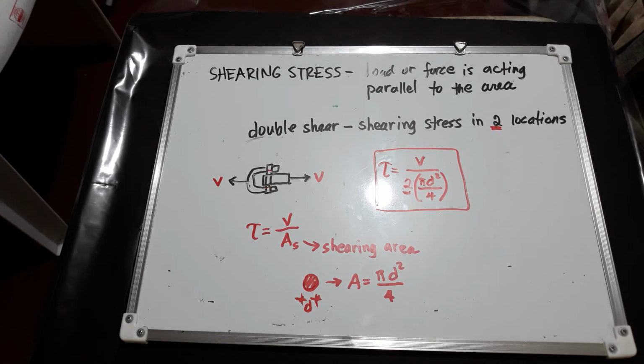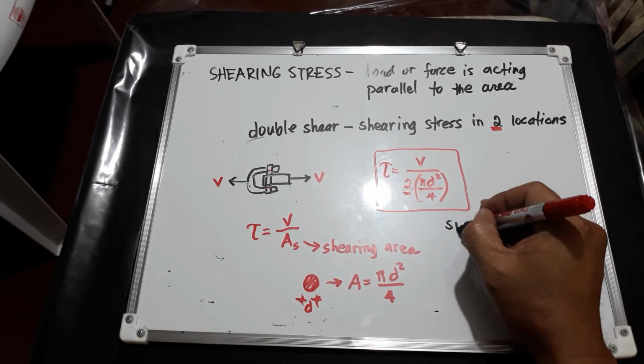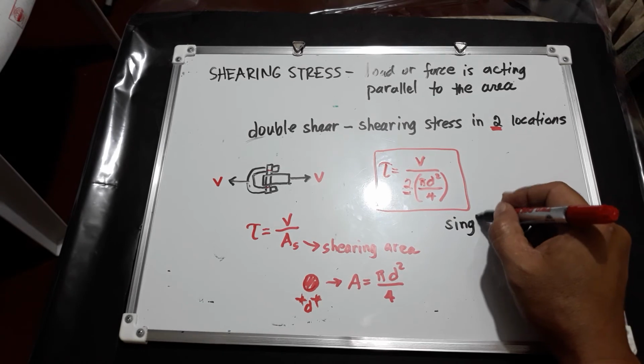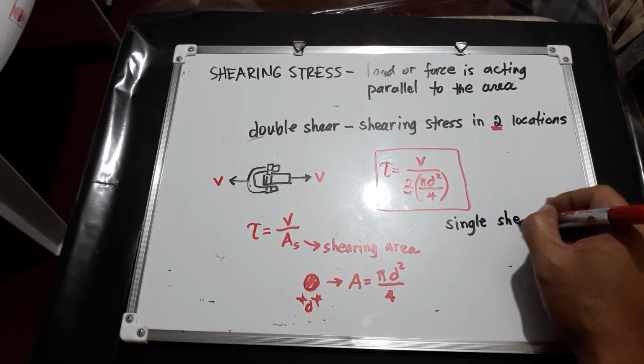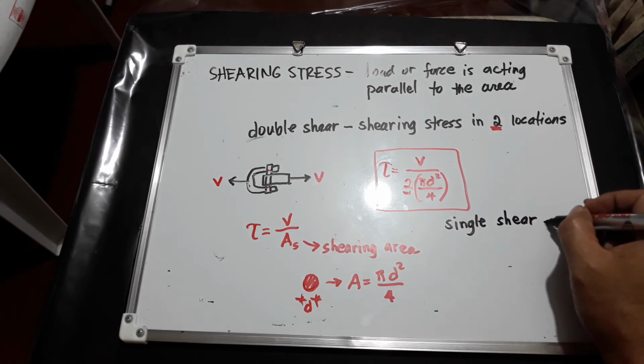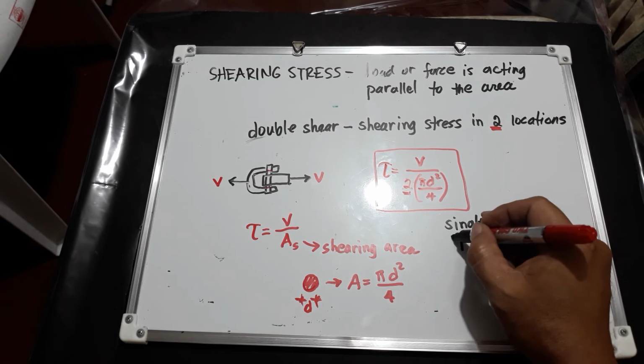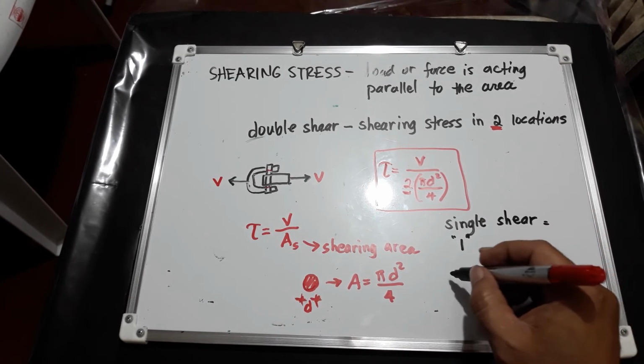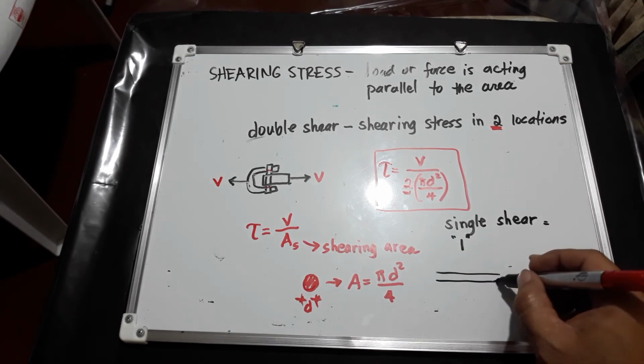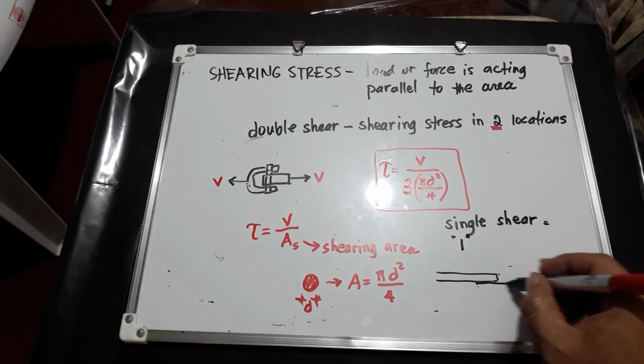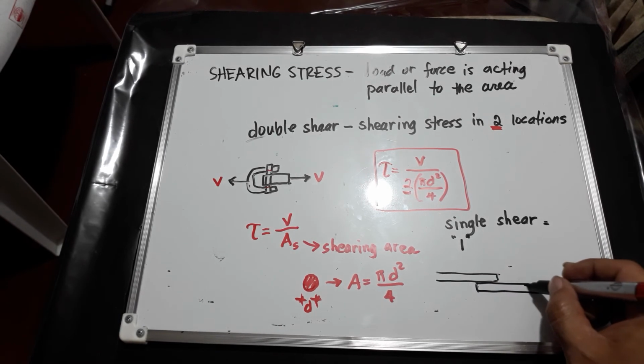What is a single shear? Single means one. So there is only one part that will be cut. For example, this lap joint, no?